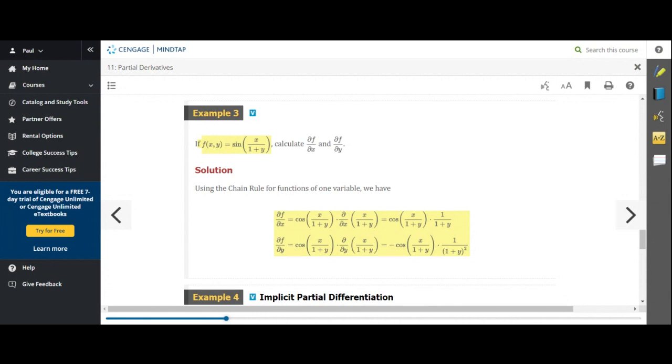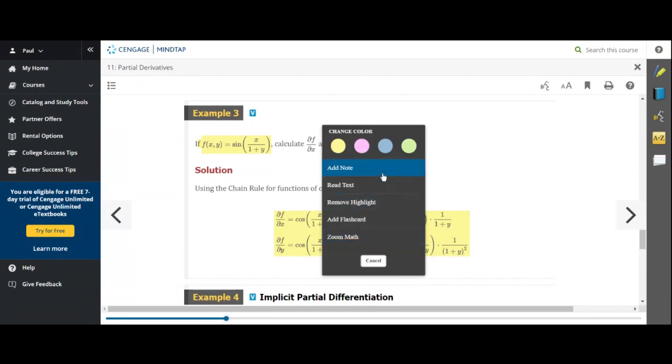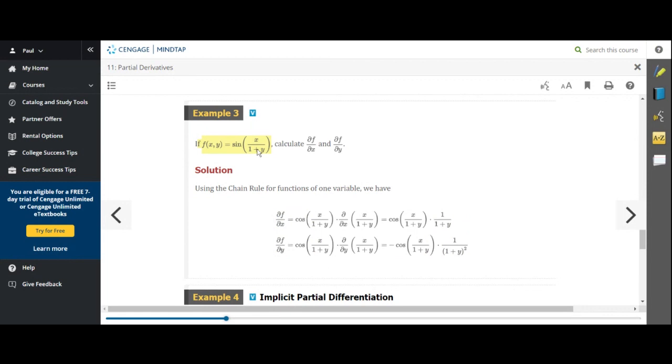So this is your function right here. That's what you're differentiating. Okay, no problem. All right, very good. Are there any other good questions?